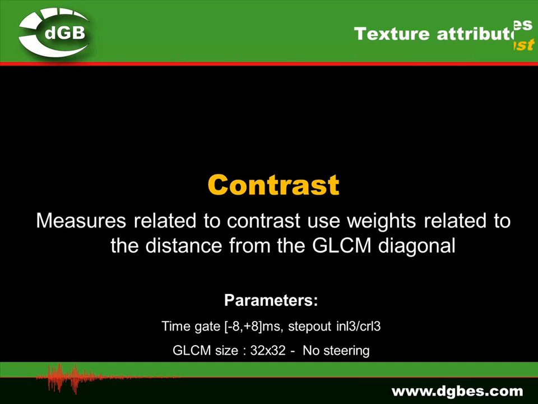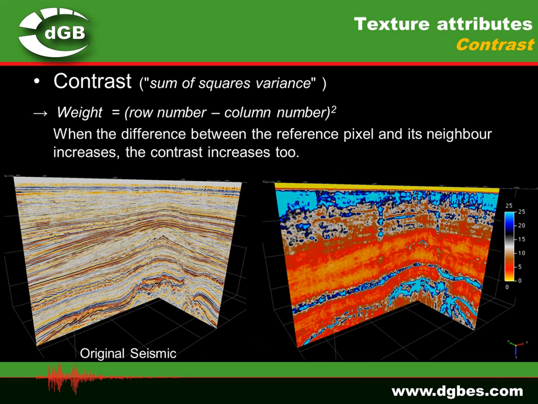So first, the contrast. The weight is given by the difference between the row number and the column number, squared. So when the difference between the reference pixel and its neighbor increases, the contrast increases too. Here, yellow is low contrast and blue is high contrast. You can see, for example, a layer with a high contrast in between two zones with low contrast.